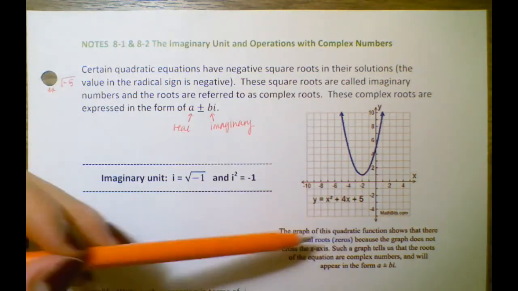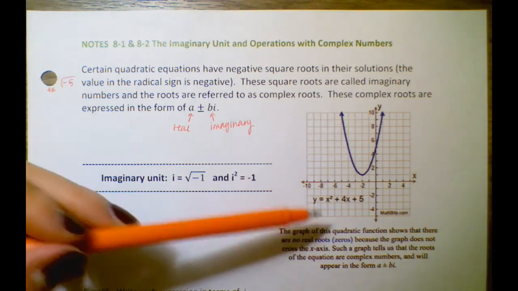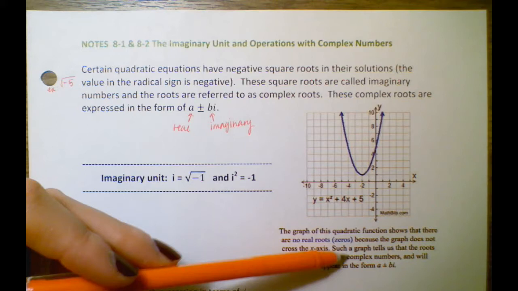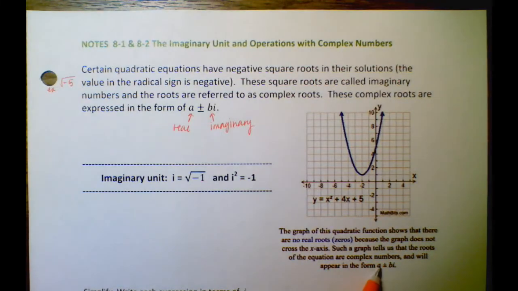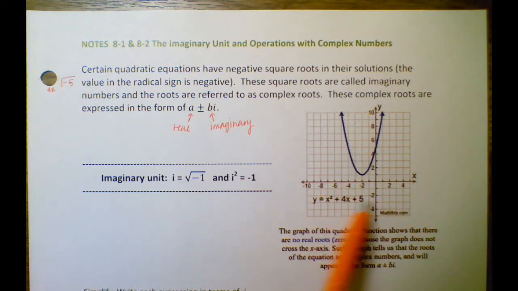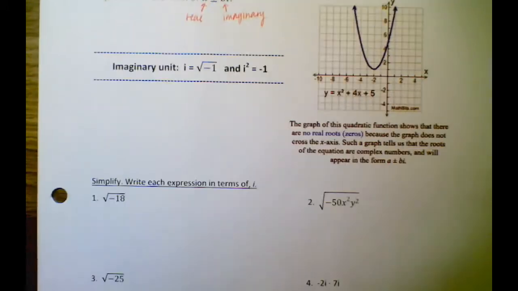So because the graph does not cross the x-axis, we don't have any real roots here, okay? Such a graph tells us that the roots of the equation are complex and will appear in the form a plus or minus bi. So when we see a graph like this that does not touch or cross the x-axis, we say that it has imaginary solutions, okay? There's no real solutions there.